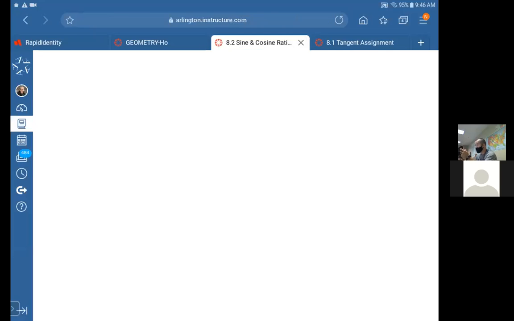Let's go ahead and move on to 8.2. If you just need 8.1, you can stop there and work on 8.1. You come back to this later. But for 8.2, wait for this to load.